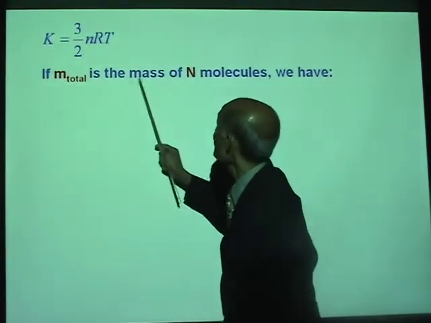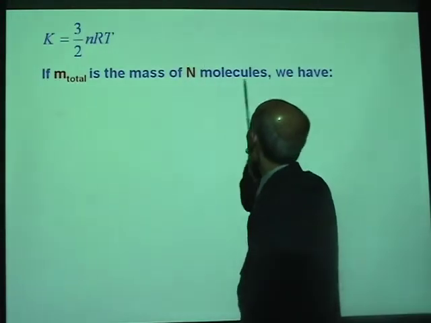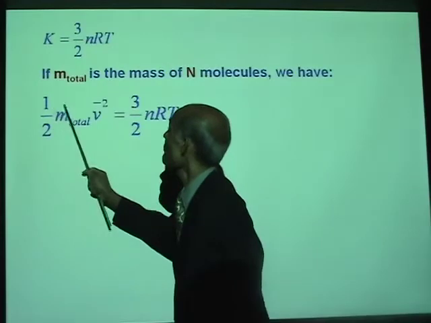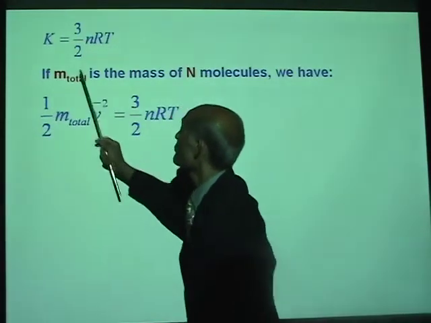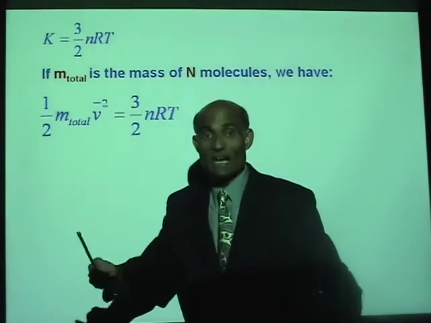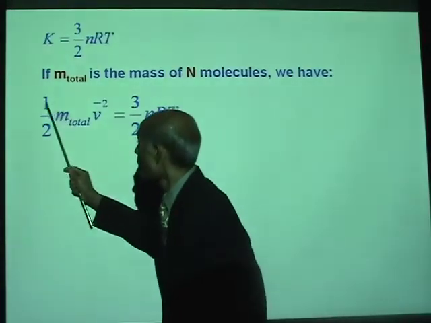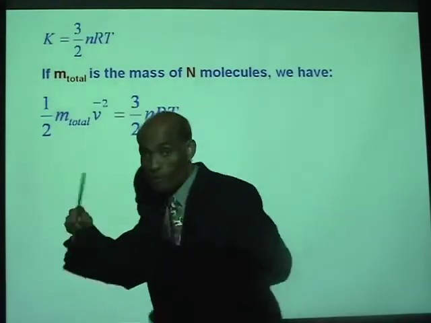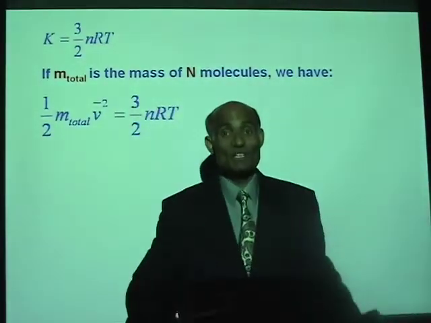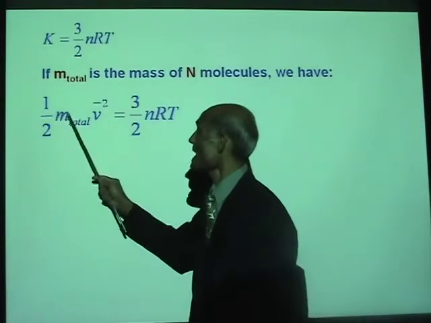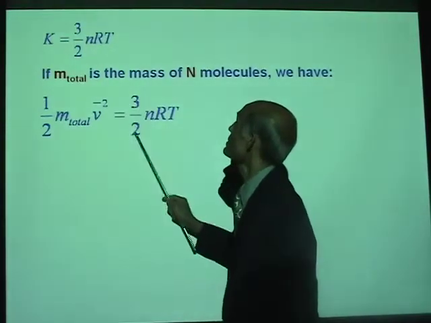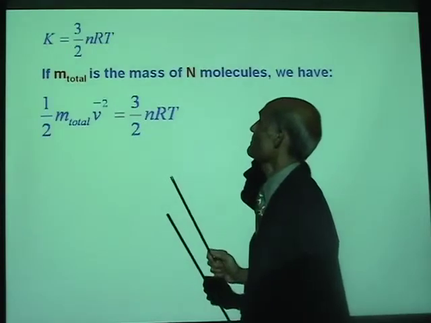If m total is the mass of the n molecules, then we have 1/2 m total v bar squared. You see that? The total kinetic energy of the gas can now be written as 1/2 the total mass of the gas multiplied by the average velocity of the molecules squared. 1/2 m total v bar squared is 3/2 nRT.